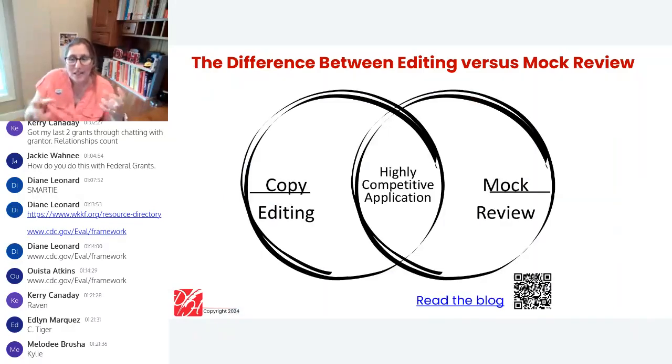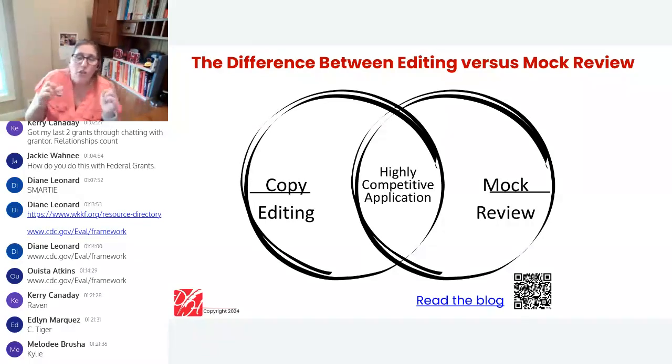So to me, it's like a Venn diagram. If I think about these 2 ideas, there's what happens with copy editing, circle on the left, and then there's mock review. How do we review our proposal, have someone with fresh eyes pretend they were a grant maker and tell us? How would they score us? What questions would they have?